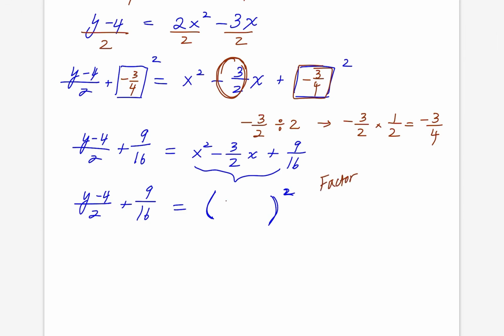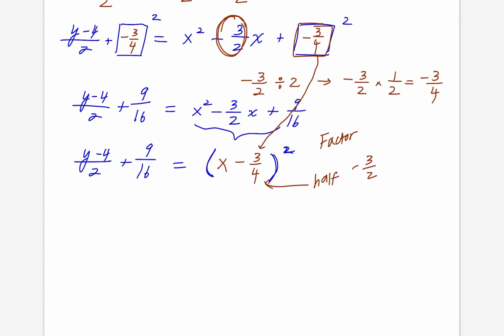You just put x as the first term, because you're starting with x squared. You put x in there because that's the variable. And you just take half of this number, which is the same thing as this number right here, -3/4. We already found that. So we just write that number here, -3/4, which is, again, half of -3/2.